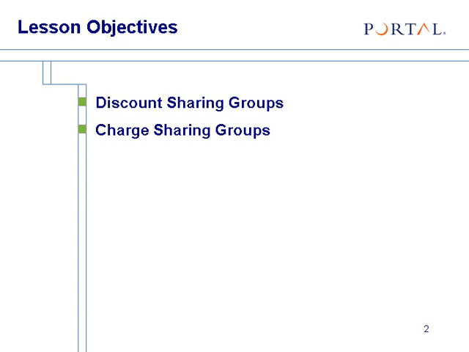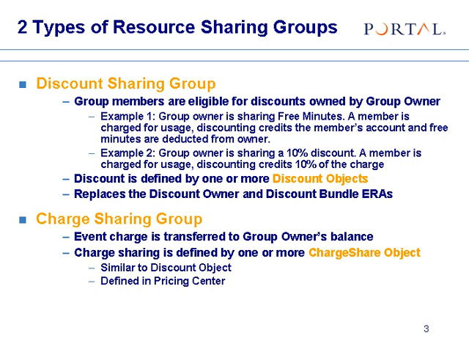So let's start. The lesson objectives today are to talk about discount sharing groups and charge sharing groups. Discount sharing groups are groups where you would assign discounts and members to share discounts across specific groups. So your group members would be eligible for any of the discounts that are in the group owned by the group owner.